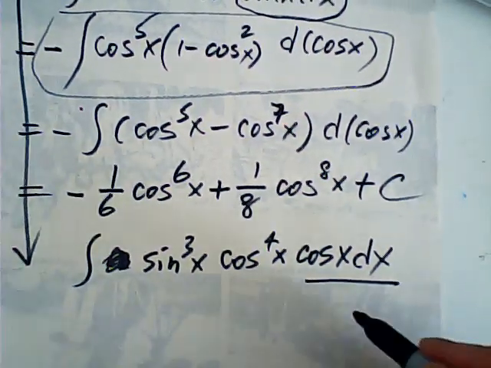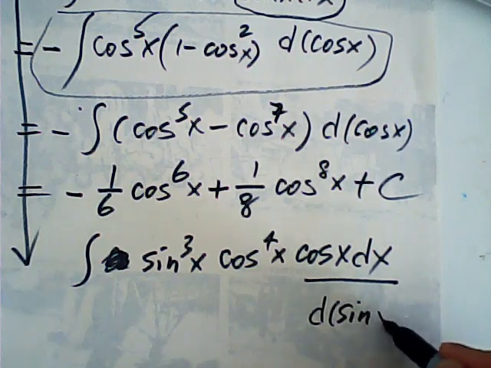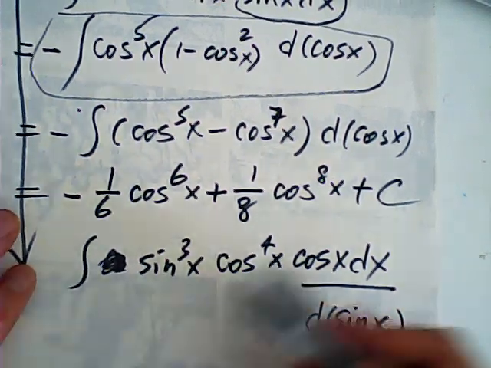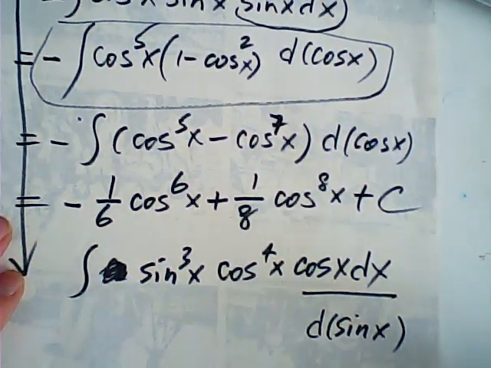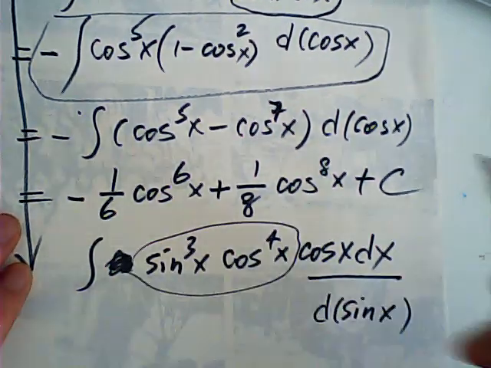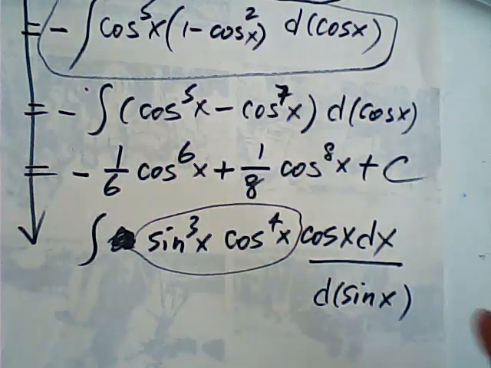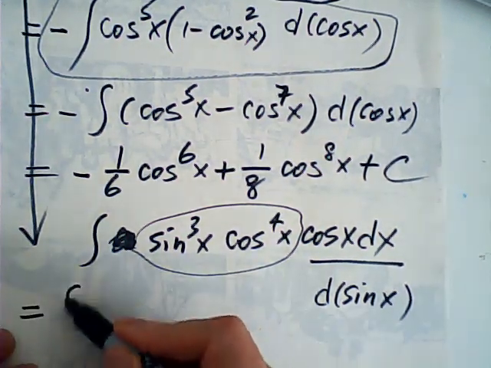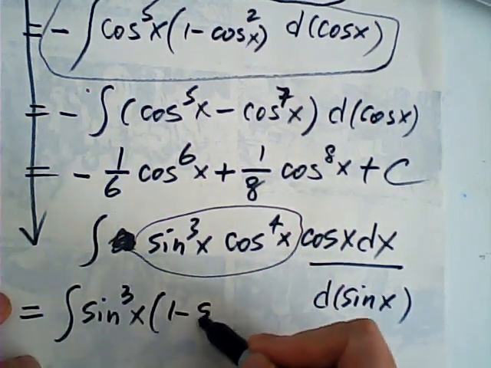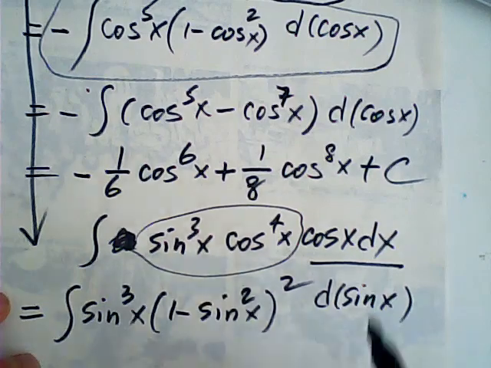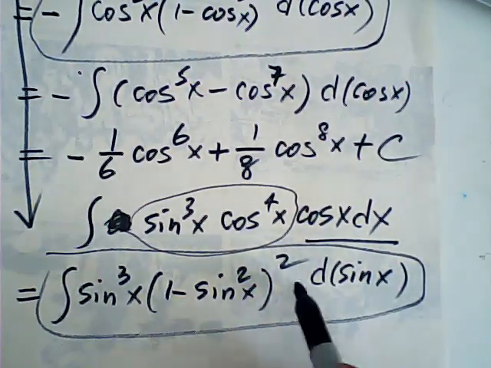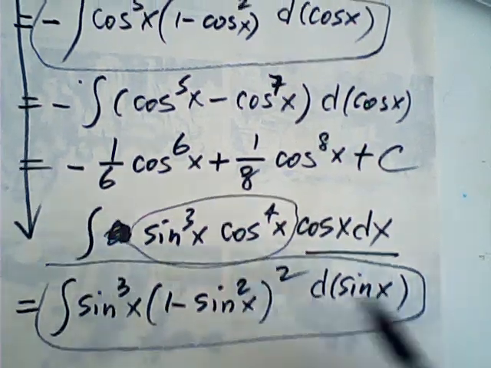See, the reason is this becomes the derivative of sine. So I change the structure, that means change the function in terms of sine function. Then if I can change this into sine x, then I'll succeed, which is equal to sine x, this is 1 minus sine^2 x squared, right? Now then it's done.